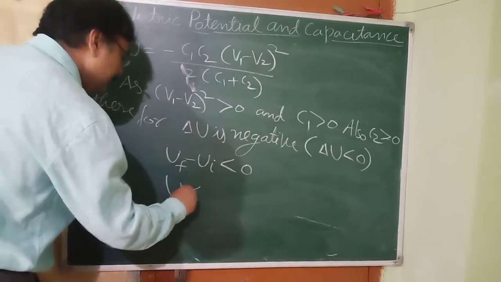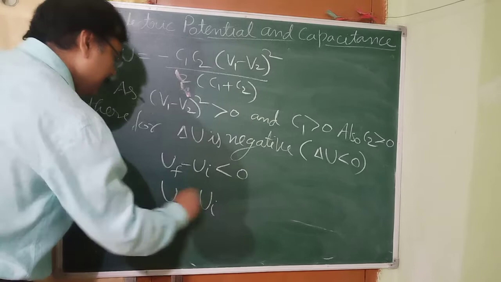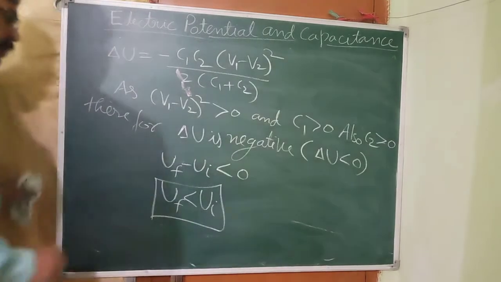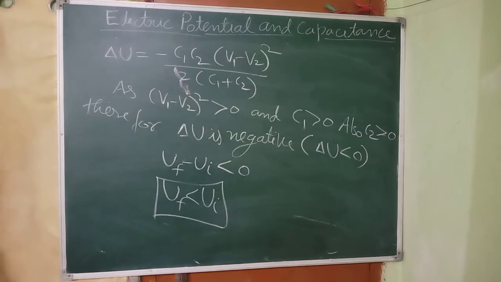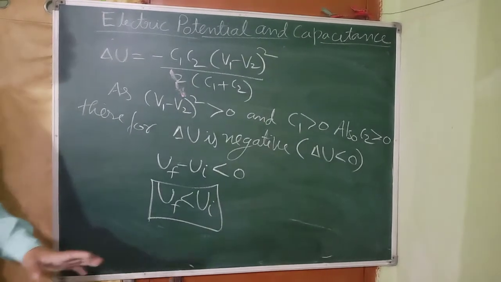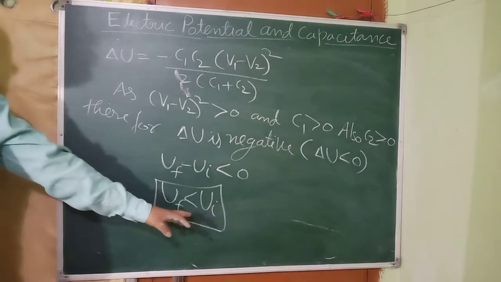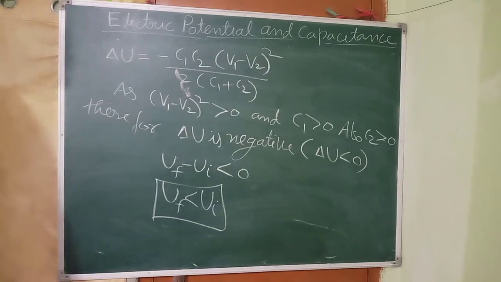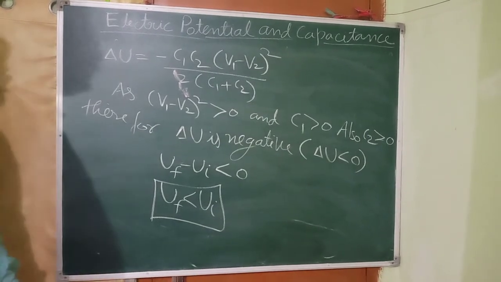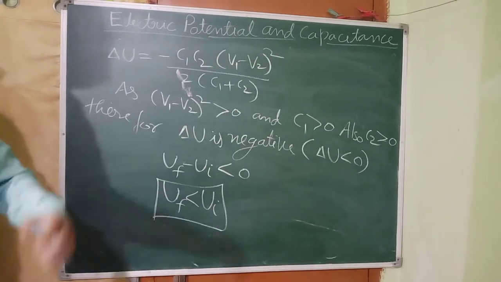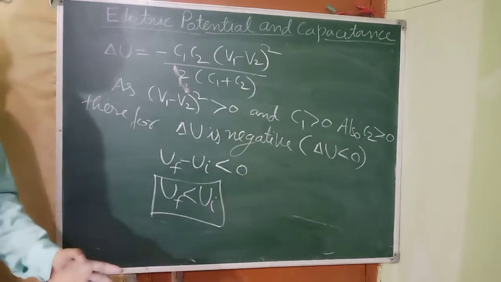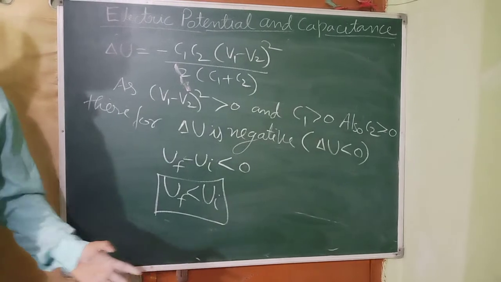So UF is less than UI. That means the final potential energy of the combination of two capacitors, or two conductors, is less than the total initial potential energy of the two capacitors or two conductors. So when initial is more and final is less, what does it mean? The energy has gone down, it has decreased, there is a loss of energy.